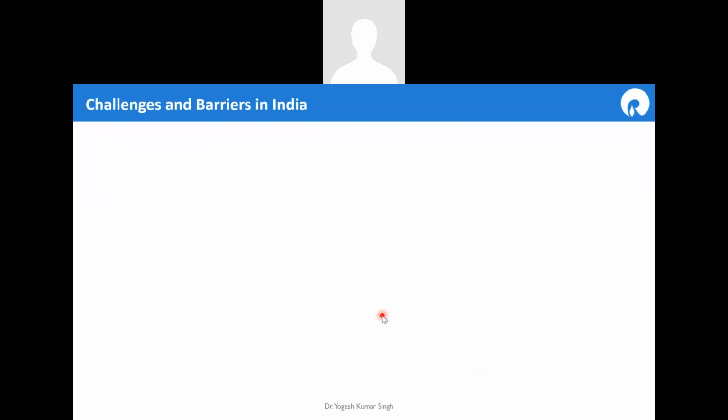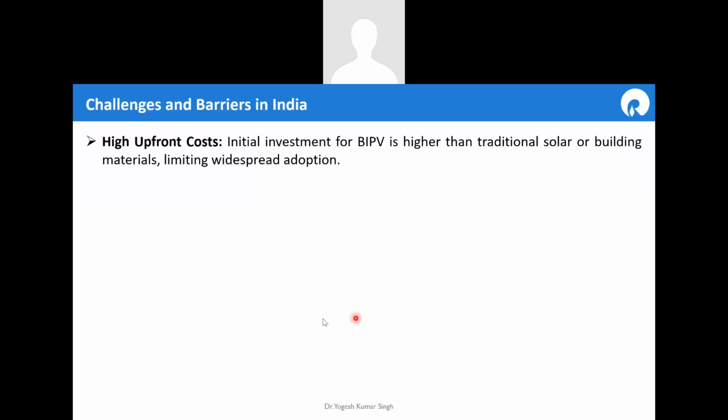Now, there are some challenges also with this technology. Till now we have discussed the advantages, but there are some challenges. So what are the major challenges in BIPV technology? The first thing is the high upfront cost. The initial investment in BIPV is higher compared to traditional building materials.